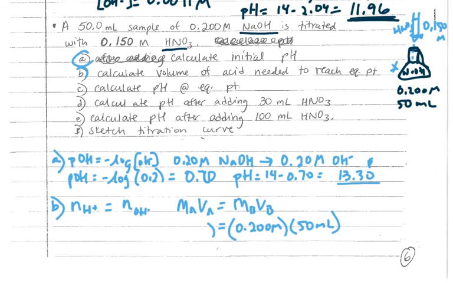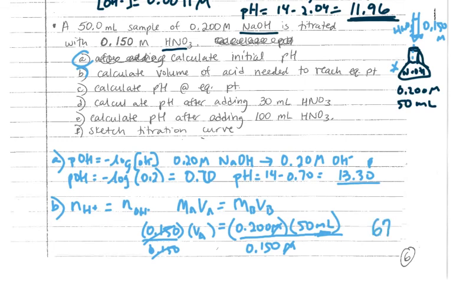The volume of the acid we don't know, but the concentration of the acid is 0.150 molar. So now we just solve for the volume of the acid, dividing both sides by 0.150 molar. Molarities cancel out, and we end up with units of milliliters.